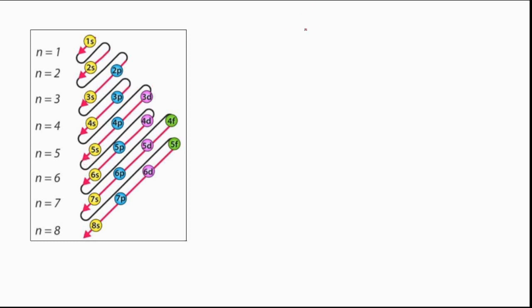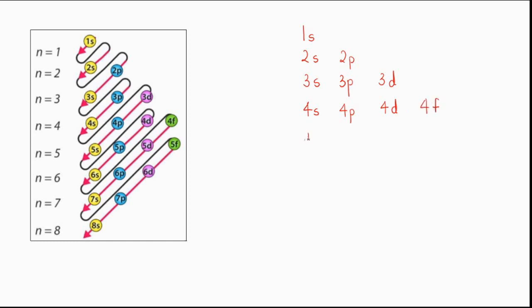Now, how is this written? We first write 1s, then we write 2s, and along with 2s we also have 2p. So the same principal quantum number values are written in the horizontal line. And from 2s, we'll go to 3s. Principal quantum number 3 has 3p and 3d. Then we'll go on to 4s, 4p, 4d, and the principal quantum number 4 also has 4f.